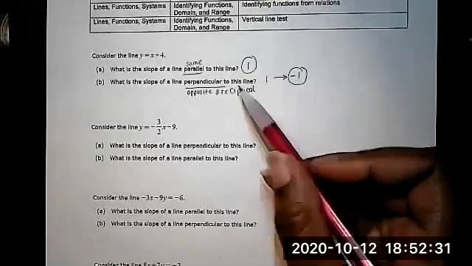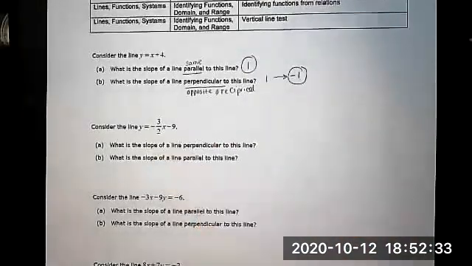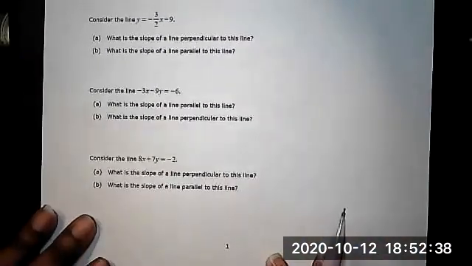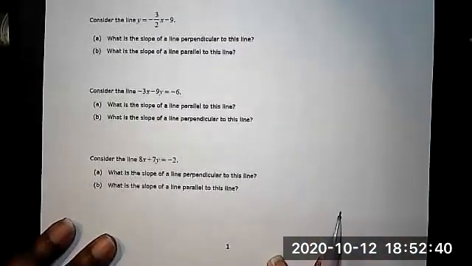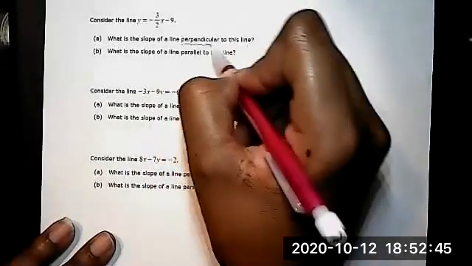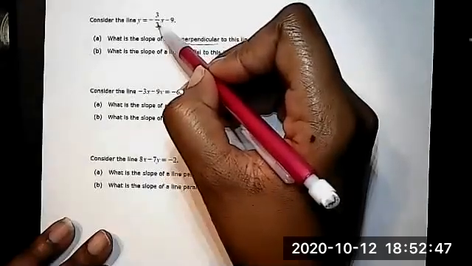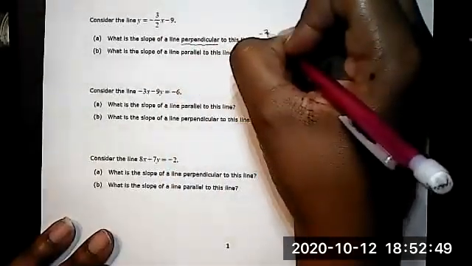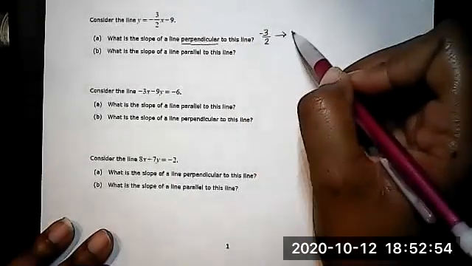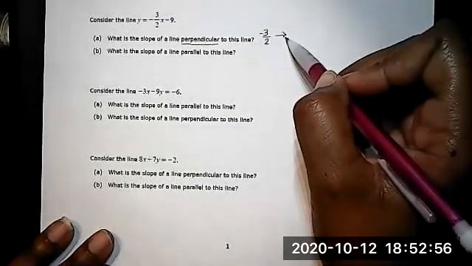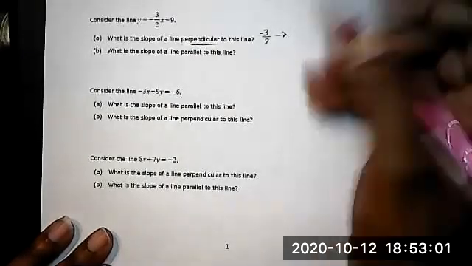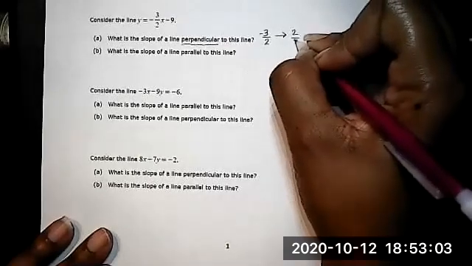Okay, so let's go here. Consider -3 over 2x minus 9. What is the slope perpendicular first? Perpendicular, negative, reciprocal. If this one's -3 over 2, the opposite is positive 3 over 2, and then the reciprocal, so it's going to be positive 2 over 3.